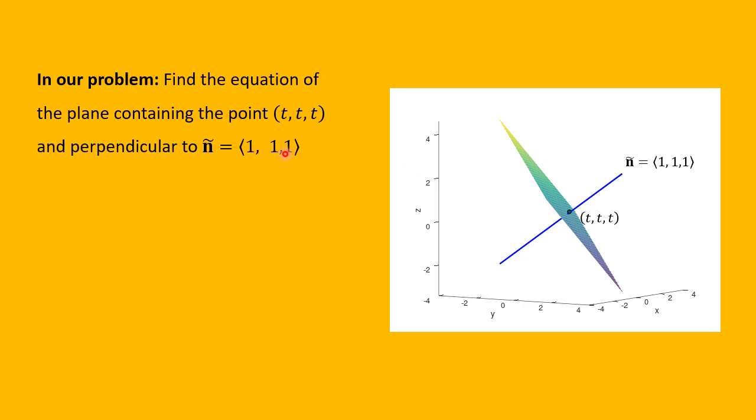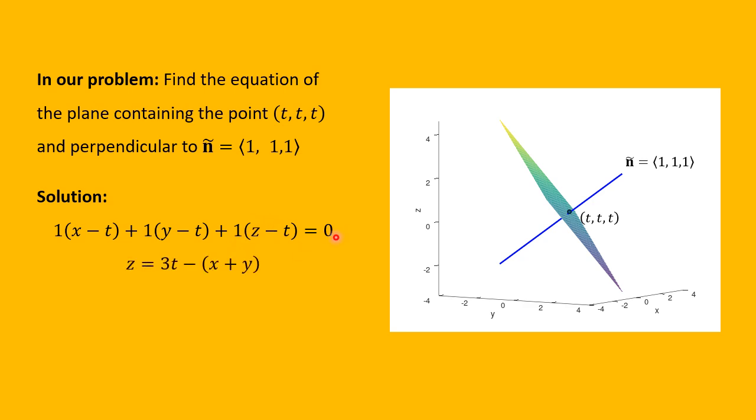The components of the vector n are 1, 1, 1. So the solution then is just going to be 1 times (x minus t) plus 1 times (y minus t) plus 1 times (z minus t) equals 0. And this can be algebraically simplified to z equals 3t minus the quantity x plus y.